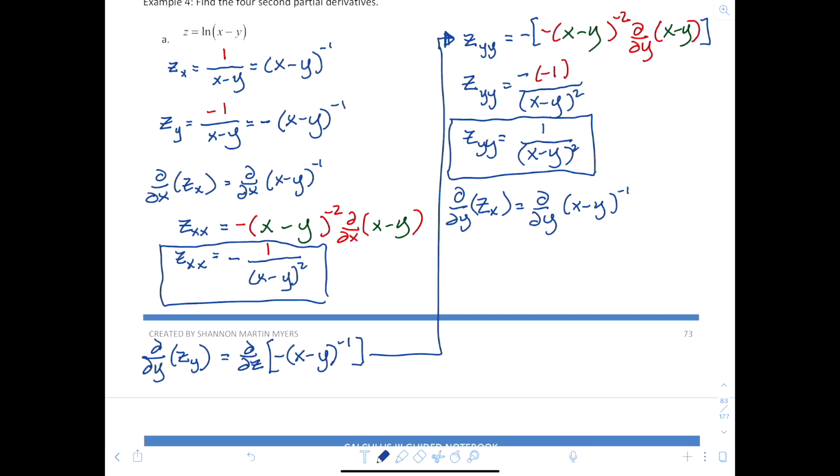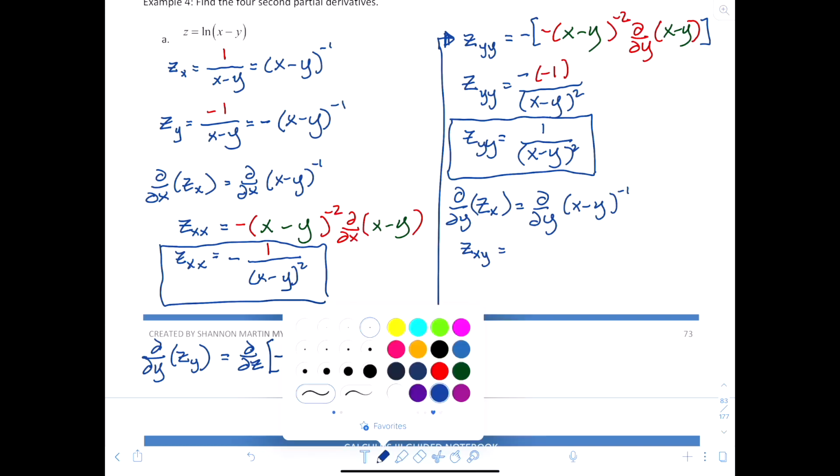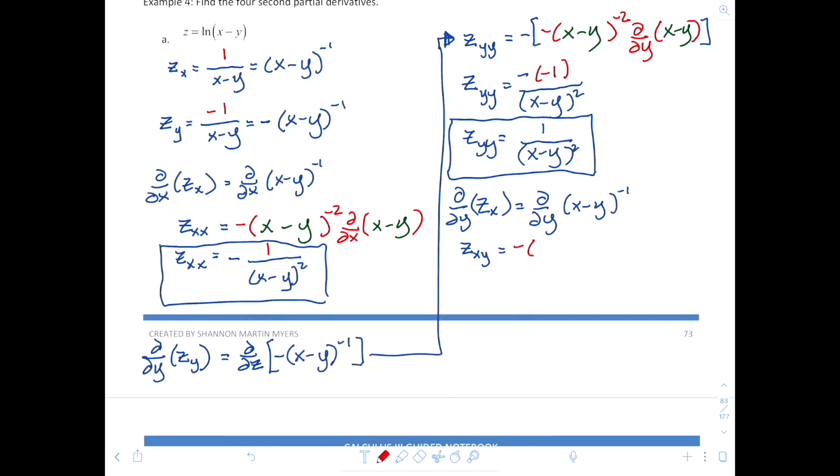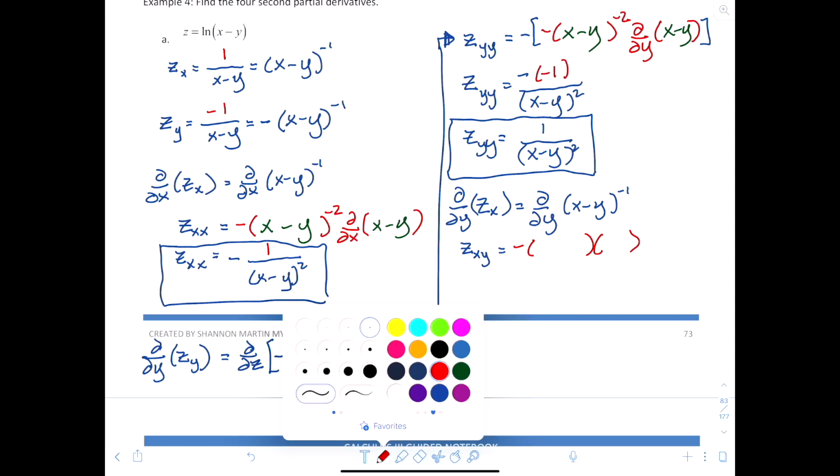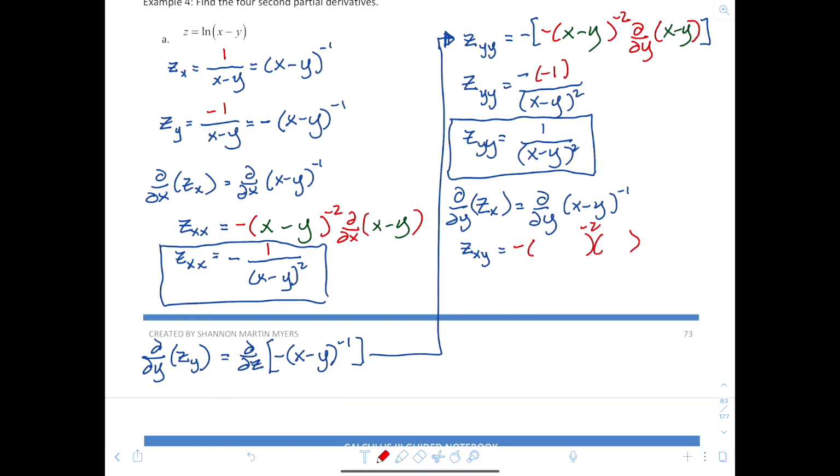So z_xy will be, using the power rule, our negative 1 times our something to the negative 2.